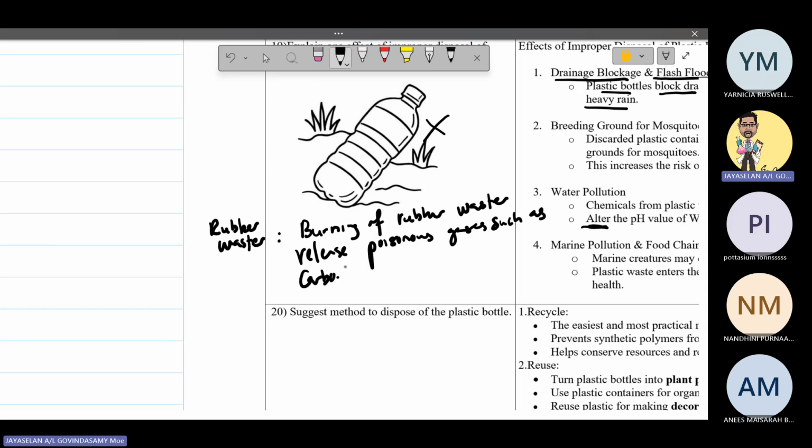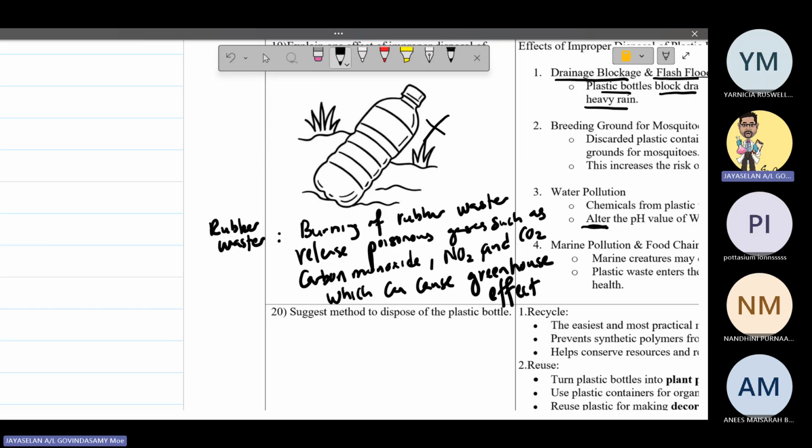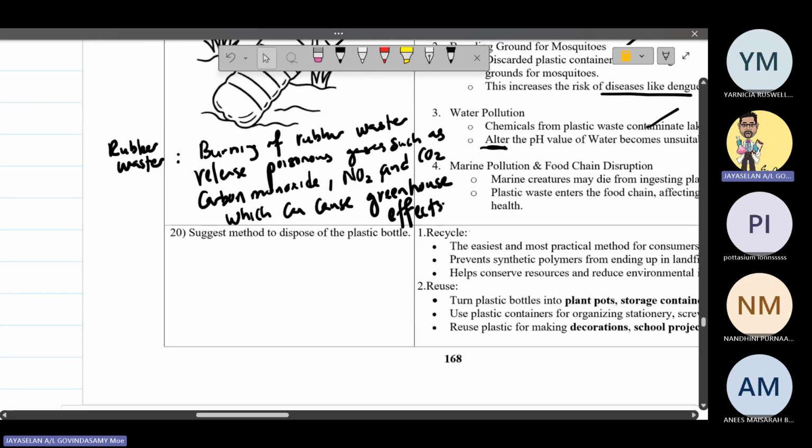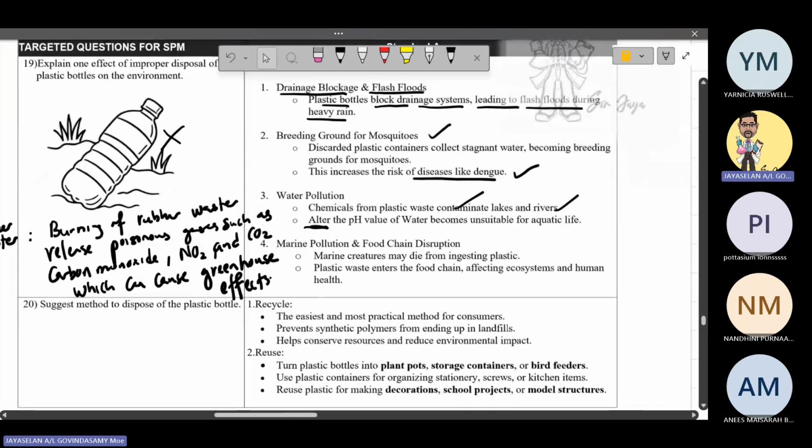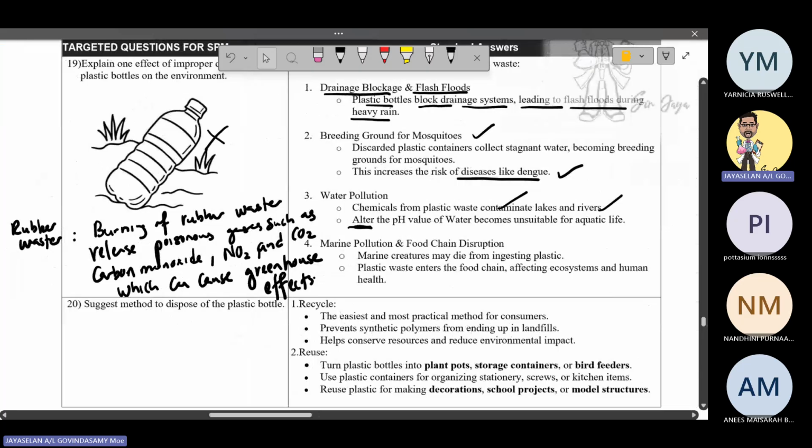Such as carbon monoxide, nitrogen dioxide, and carbon dioxide, which can cause the greenhouse effect. Finish. This is rubber waste. You can add any. If me, I don't want to put this, so I just put this. Any question?